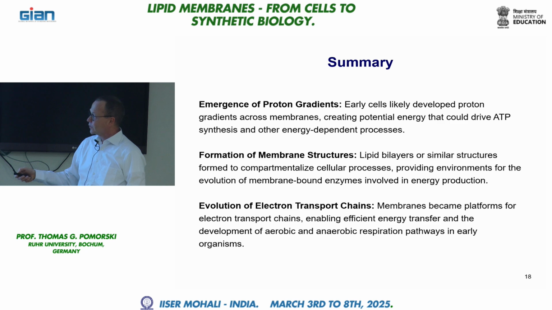The formation of these membrane structures was the prerequisite that you could have an independent organism. And the evolution of the electron transport chain was important to efficiently use the energy of electrons to generate a proton gradient.